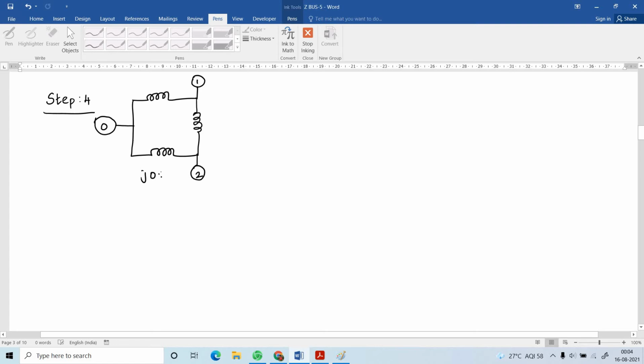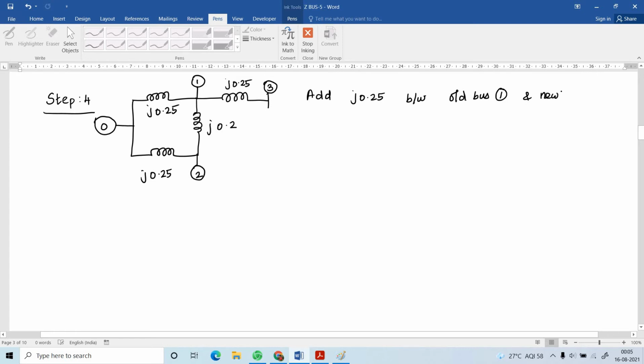Here J0.25, J0.25 and J0.2. Again, bus 1 is connected to the bus number 3 via the impedance J0.25. Add J0.25 between old bus 1 and new bus 3.